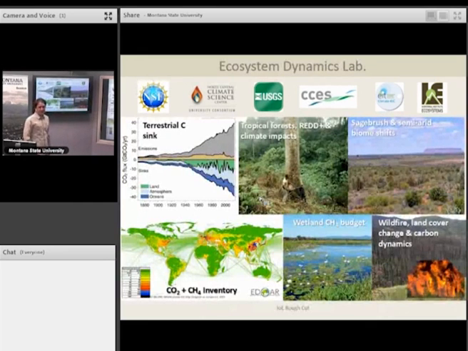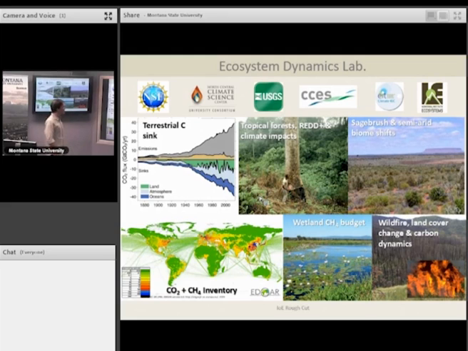Within the group, the Ecosystem Dynamics Lab, we have a lot of different projects going on. And I'll show in the next slide how they tie together and what the overarching question is that links this work. But two of the big projects are based on global scale carbon dynamics. One is associated with trying to close the global CO2 budget, and the other is looking at the global methane budget and trying to come up with bottom-up and top-down reconciliation of global methane fluxes.